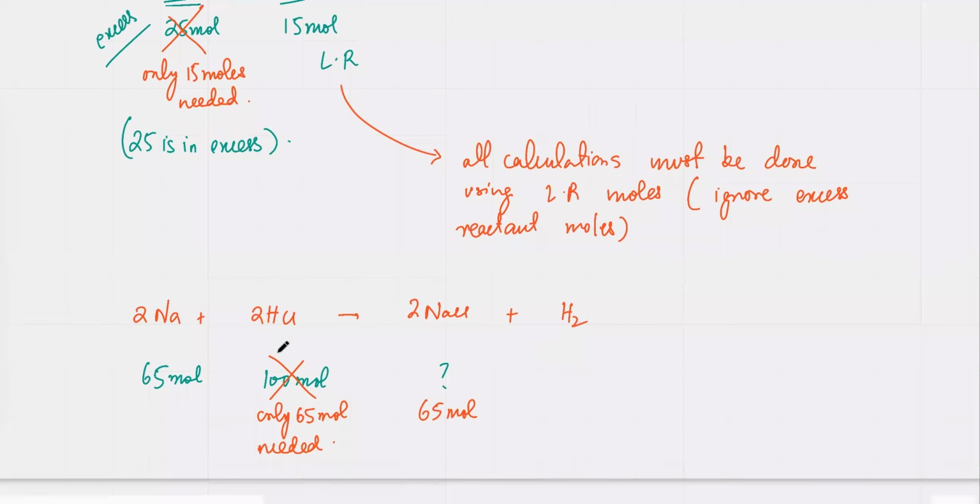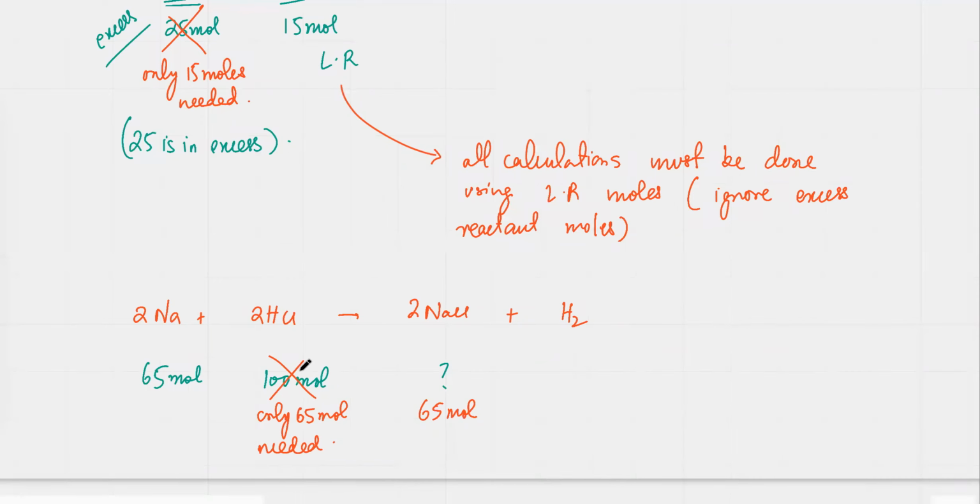So you're going to completely ignore these 100 moles. They're not the right number. You added more than the required amount. Most of it is not going to take part in the reaction. Okay, is this clear? Everyone? Yes, sir. Okay, any questions? Everything clear, right? Yes, sir.